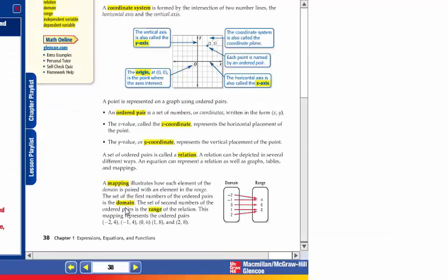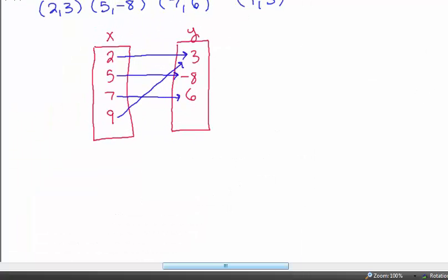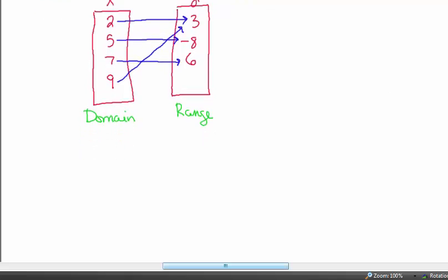We can have our mapping, the domain is the first set and the range is the second set. So let me go back up here and label those. I forgot to talk about that. Domain and range. And let's actually define domain and range.